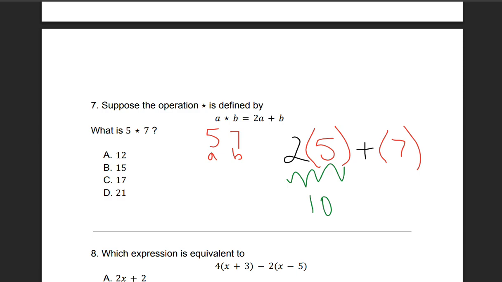Now with that 7, there is no number attached to it. Well, nothing that we can see. Technically, there is an invisible 1. Well, 1 times 7 is just 7. 10 plus 7, we add it together. That will give us 17. We can find our answer on the left is C.